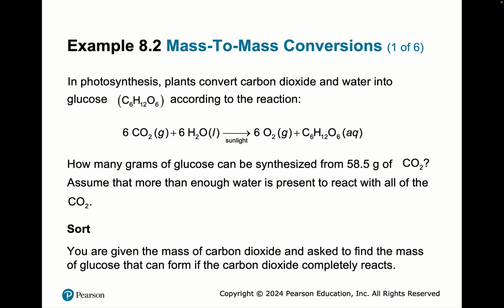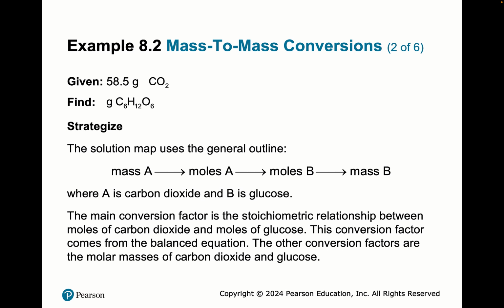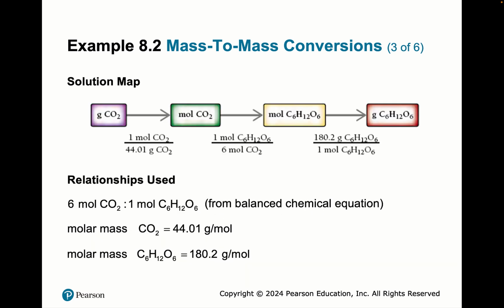So this one's going to keep on going, and it also includes another step that students have a hard time with, the stoichiometric ratios. We're trying to start with the mass of carbon dioxide and go to the mass of glucose. So think about moles. We're going to convert carbon dioxide to moles, then convert to moles of glucose, and go to mass of glucose.